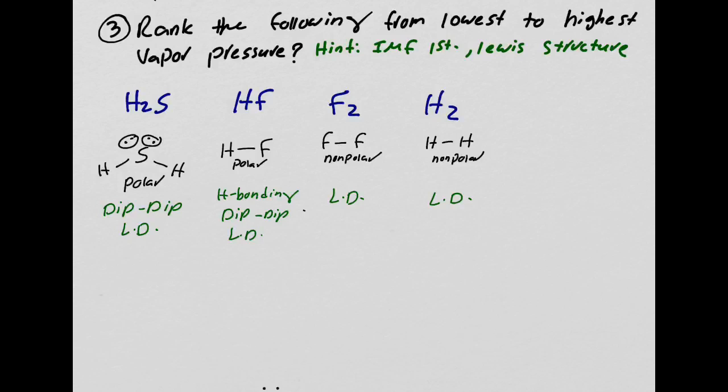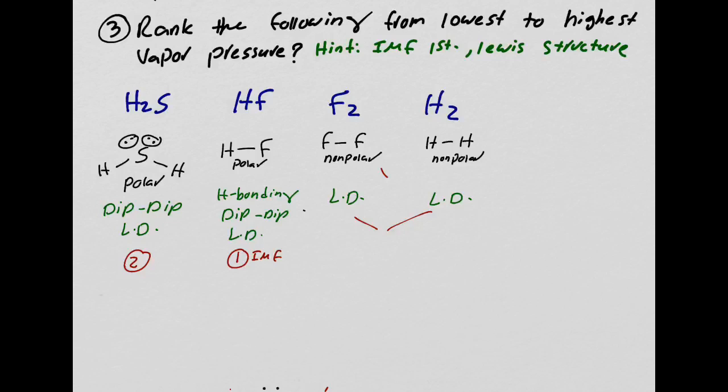All right. Now, which one would be my highest intermolecular forces? My highest is going to be this one right here, because it has hydrogen bonding. What's going to be after that? Then it's going to be this one. It has dipole-dipole. Now, between these two, which one is going to be higher?